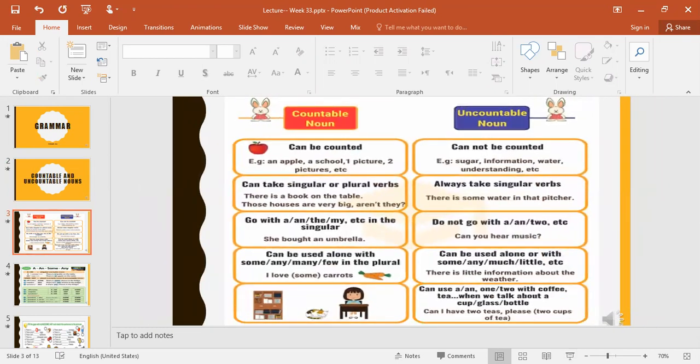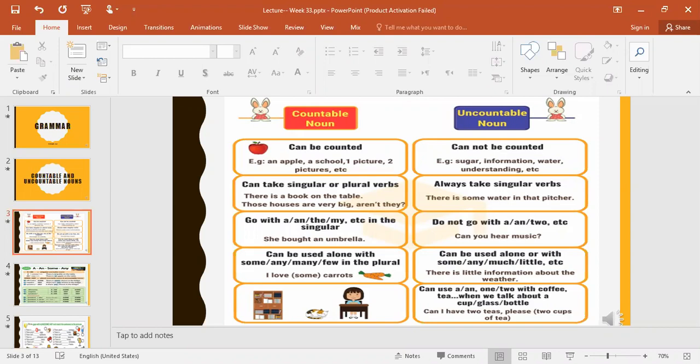Let's see this chart. This chart shows us the differences between countable and uncountable nouns on different sides. So first of all, as we said, countable can be counted. How? Can be counted, يعني when I say an apple, a school, one picture, two pictures.